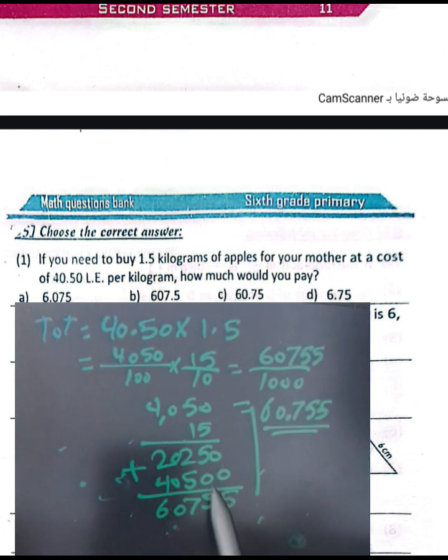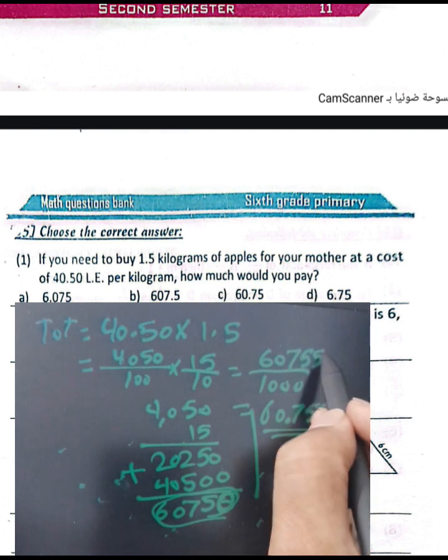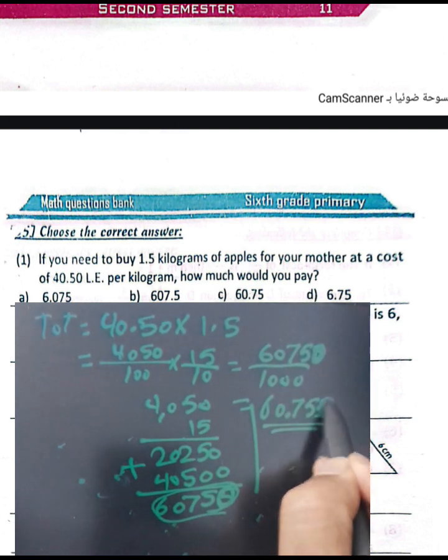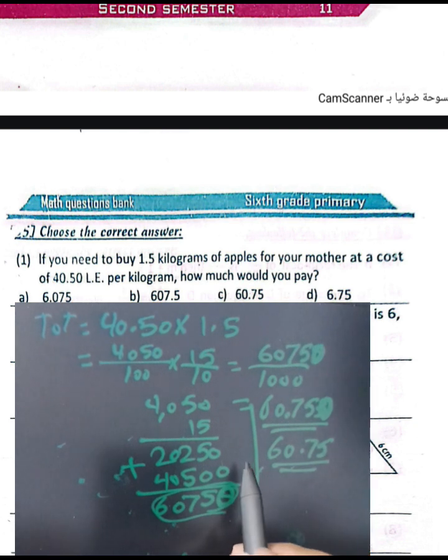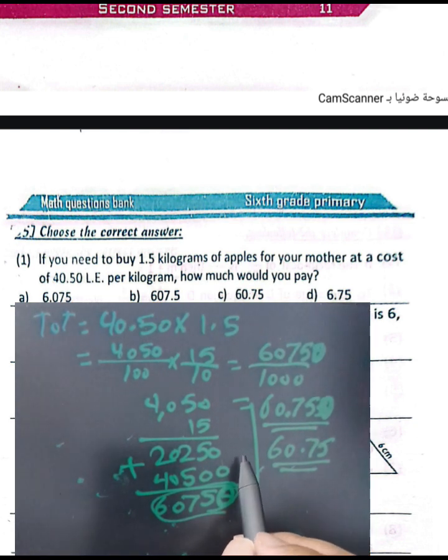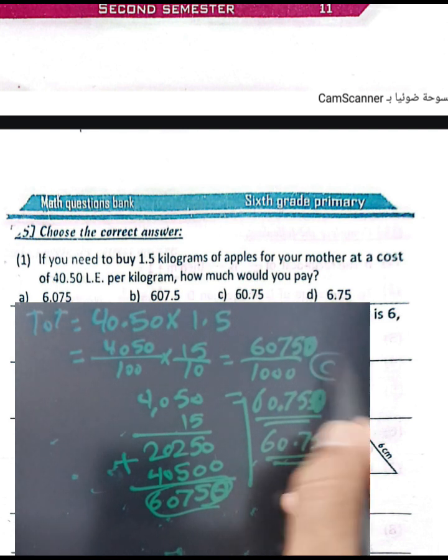Then this number here we must divide by 1000. Then the result will be 60 and 75 hundredths Egyptian lira. Choose letter C. Okay, choose letter C. It's true.